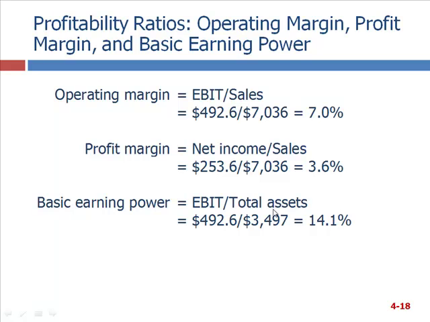So what is it for DeLeon exactly in this case? Is it more that they need to increase the top number? They need to increase operating income? Well, while that wouldn't be bad, it's probably not the main thing. You'll notice up here that operating margin also relied on this EBIT number, and it actually seemed okay, right? It was right about the industry average. But compared to total assets, the EBIT doesn't look so good, as the basic earning power is below average. So it may be that total assets are too large, so to speak.